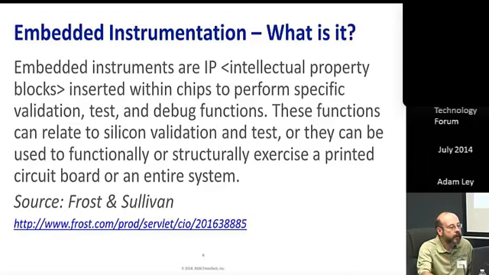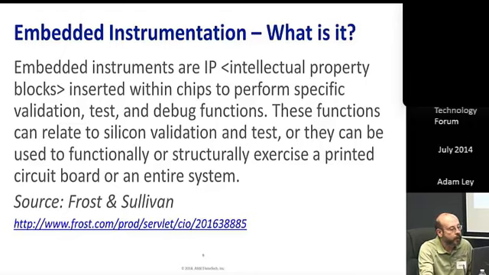The functions that are implemented can relate to the silicon validation and test, such as at the silicon suppliers, Texas Instruments, and the like. Or they can be used to functionally or structurally exercise the printed circuit boards on which the silicon resides, or in fact through an entire system.